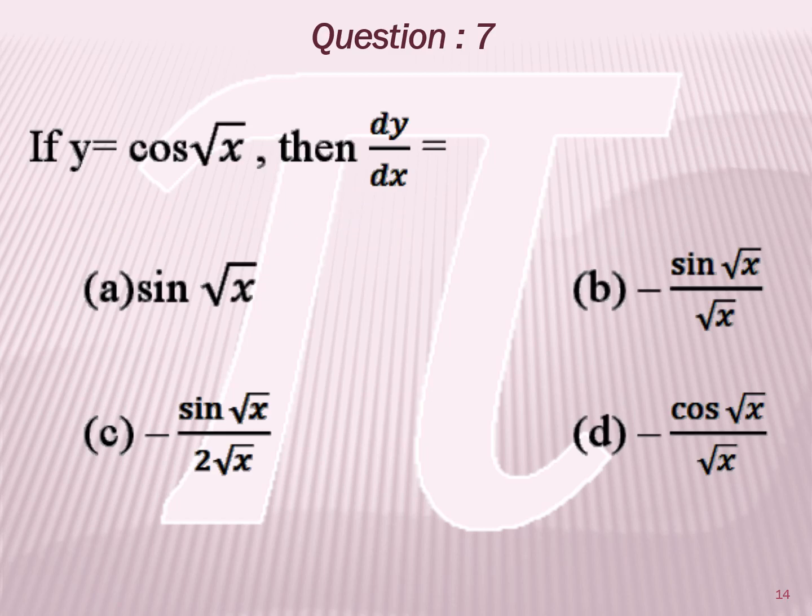If y is equal to cos root x, then dy by dx is equal to option A, sine root x, option B, minus sine root x by root x, option C, minus sine root x by 2 root x, option D, minus cos root x by root x.